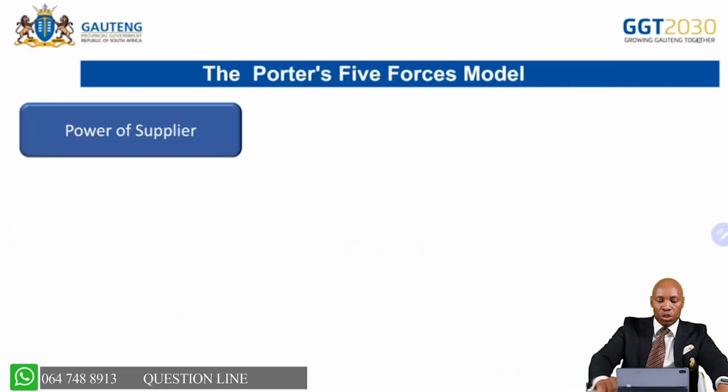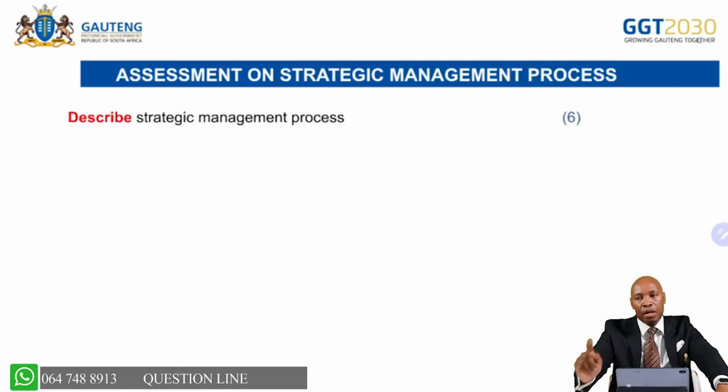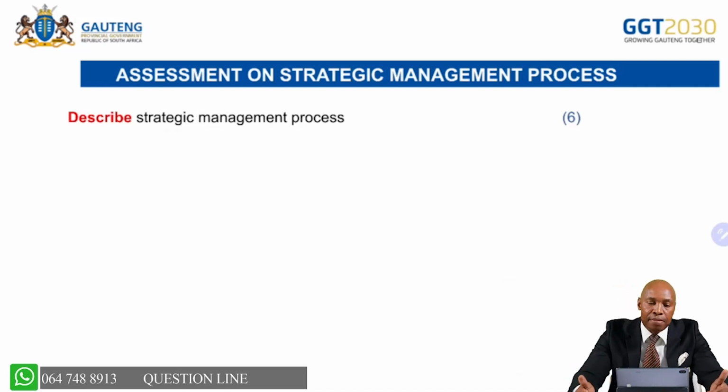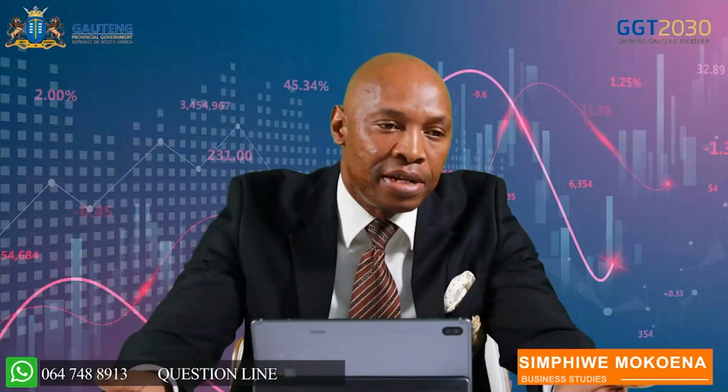Then we get to Porter's 5 as one of the business industrial analysis tools. Remember the example that I made about the Simpure manufacturers. It's a business that operates in the environment.